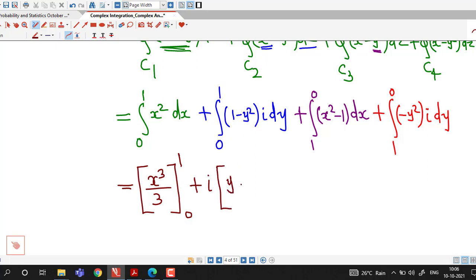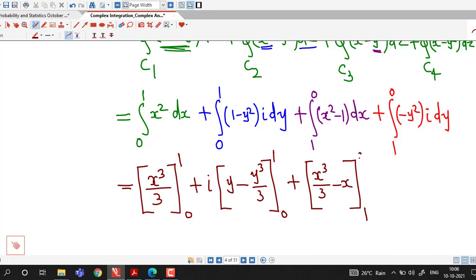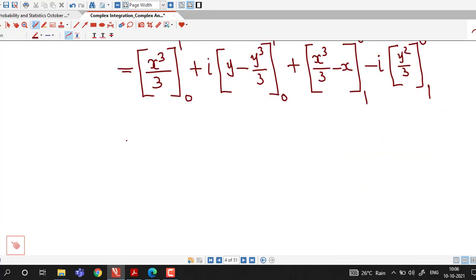Integral of 1 is y minus integral of y square is y cube by 3, and limits are from 0 to 1, plus integral of x square is x cube by 3 minus x, limits are from 1 to 0, and here we can take minus I outside, and integral of y square is y cube by 3, limits are from 1 to 0.